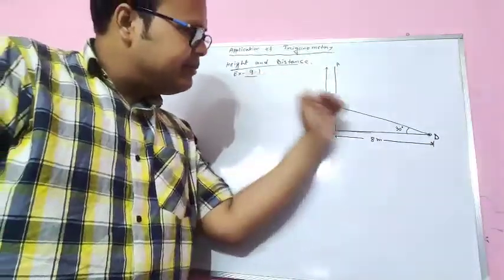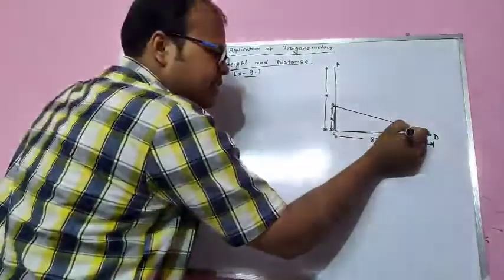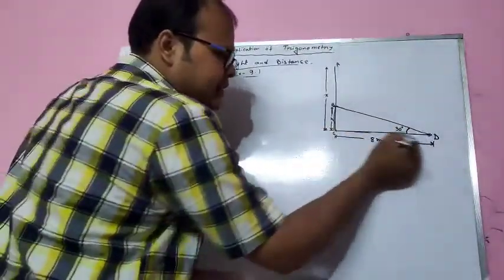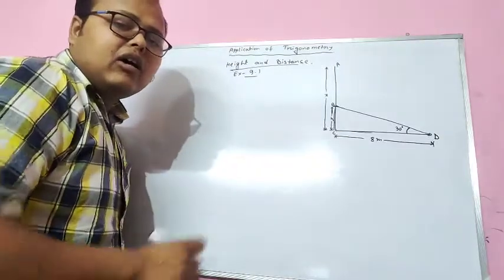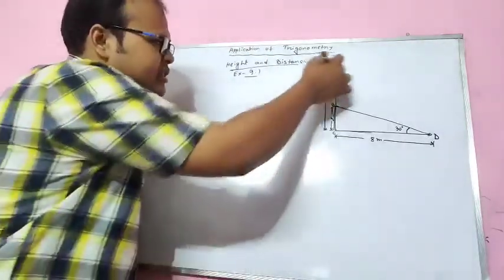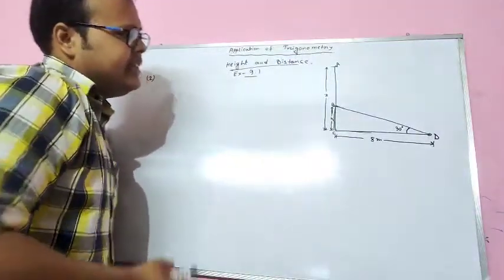The broken tree makes an angle of 30 degree with the ground. You have to find the original height of the tree, AC.